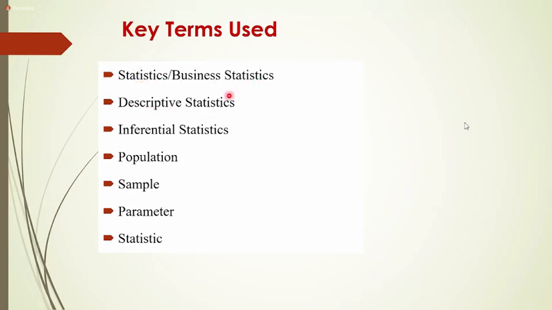You will be able to explain descriptive statistics, inferential statistics, population, sample, parameter, and statistics. These are the main key terms we use, with the examples, with clear explanations, not briefly. Clearly, you will be able to explain all these terms with the examples, right? For all these terms, you have them in your slides, and accordingly you have to study, right?